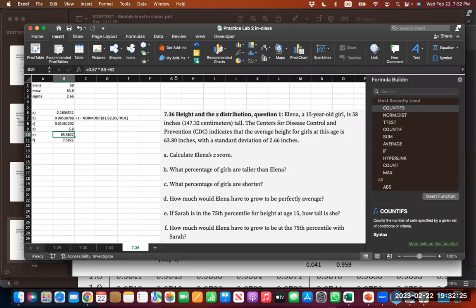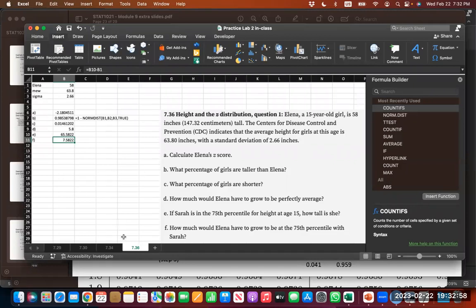That essentially would translate into 65.6 inches. And so if Eleanor would have a growth boost and would get as tall as Sarah, she would grow to be 7.6 inches taller. So that's how you have to go through examples like that. Please make sure you're comfortable with these, because it would not be impossible to come on the test.